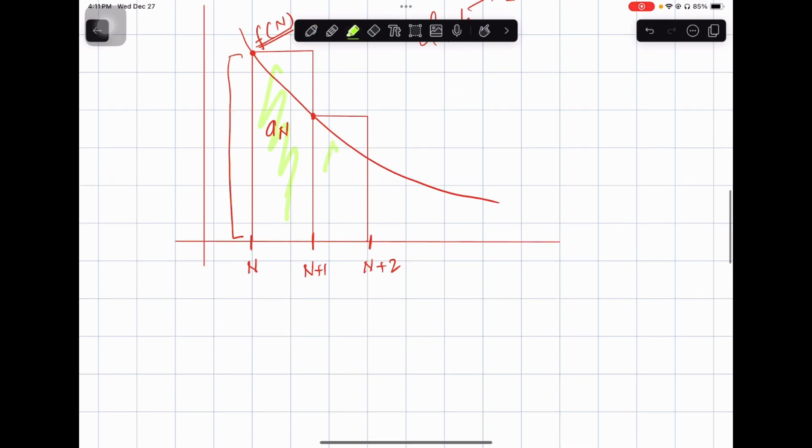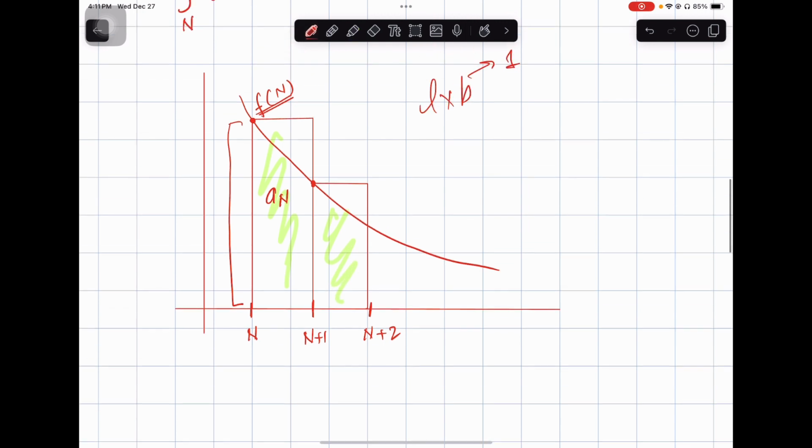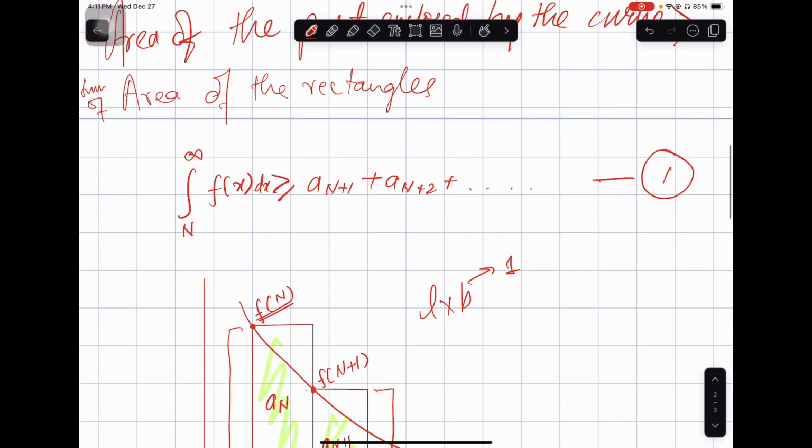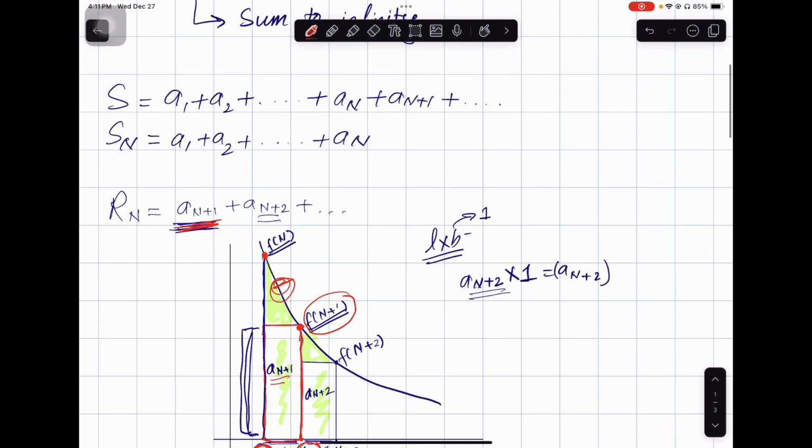Now let's see what's the area for this rectangle. The length is f of n plus 1, because as you can see it corresponds to n plus 1, so the area would be an plus 1. As we know, the remainder starts from an plus 1, and an is included in the nth partial sum.